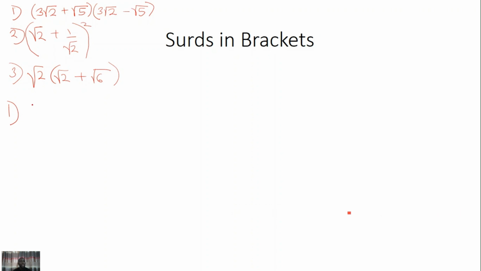As an example, we have two brackets with surds: 3 root 2 plus root 5, into brackets 3 root 2 minus root 5.